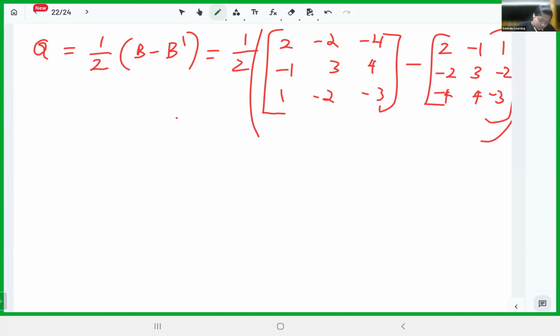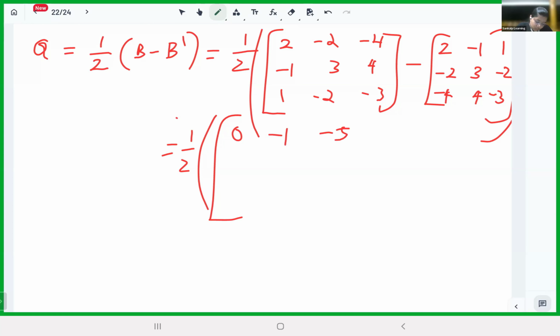Alright. Now you have to subtract these two matrices. So that is equal to half of, 2 minus 2 means 0, right? First element will be 0. Minus 2 minus 1, that is minus 2 plus 1, so minus 1, right? Minus 4 minus 1 is minus 5.